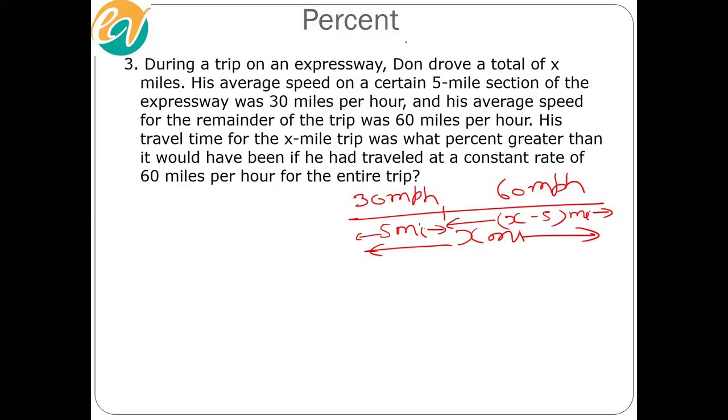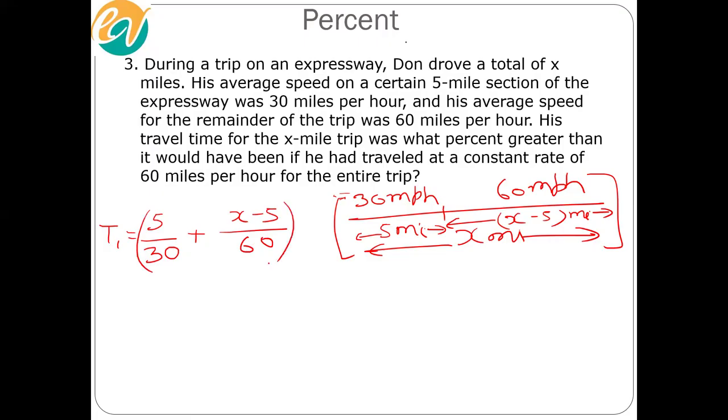So, as per this mechanism, can you tell me how much total time did he take? Time is nothing but distance upon speed. So he is traveling a total of 5 mile distance at this speed and traveling X minus 5 miles at this speed, right? So that's the total time.